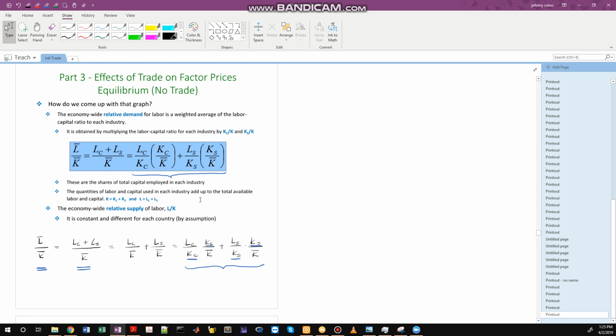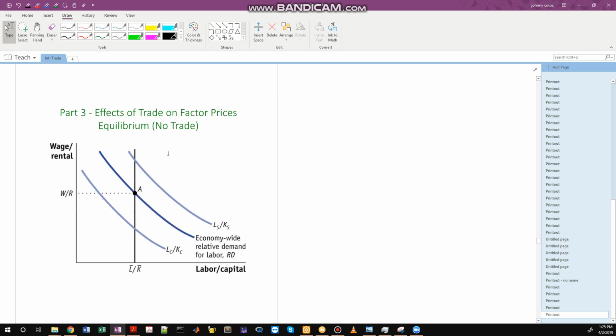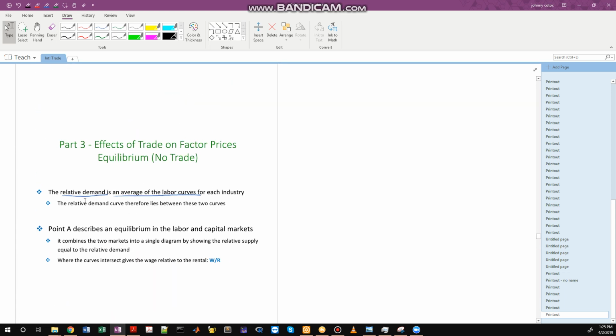So if we take another look now at this graph, we see that the middle line is a weighted average of the labor to capital demand in the shoe sector and the labor to capital demand in the computer sector. That's exactly what we see.